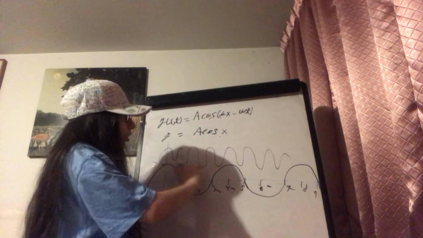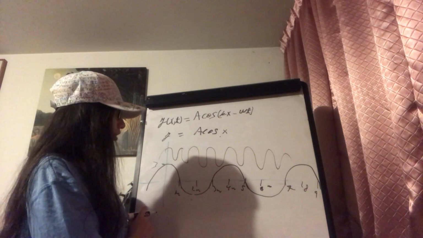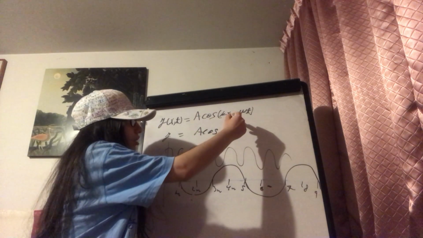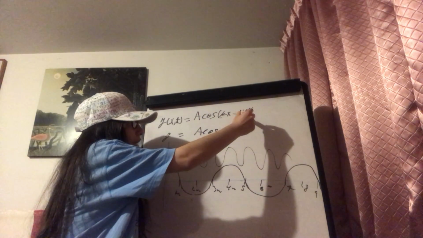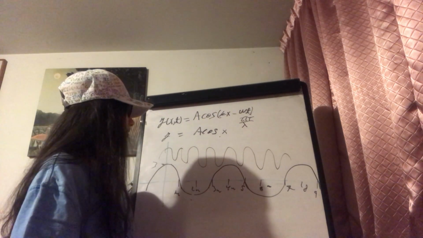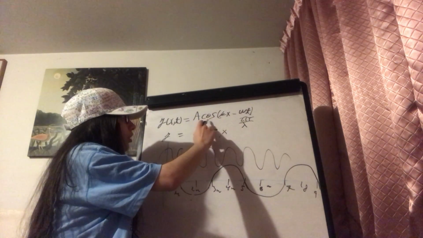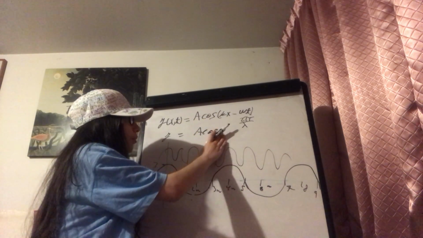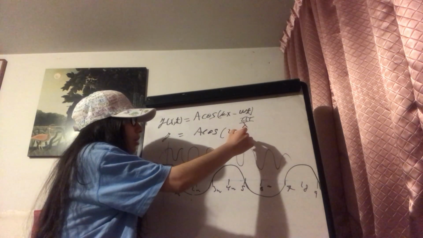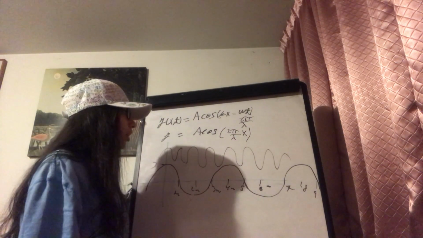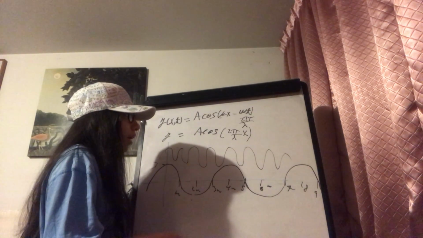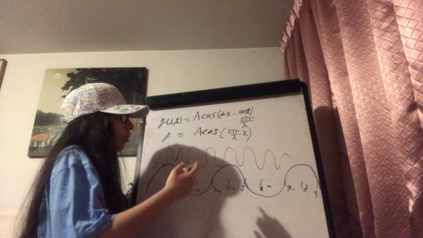So how would we know what number do we have here? Remember that k is 2 pi over lambda. This is important because if instead of x I put a cosine of 2 pi divided by lambda, this means that when x is a wavelength, is lambda, then I have a cosine of 2 pi.